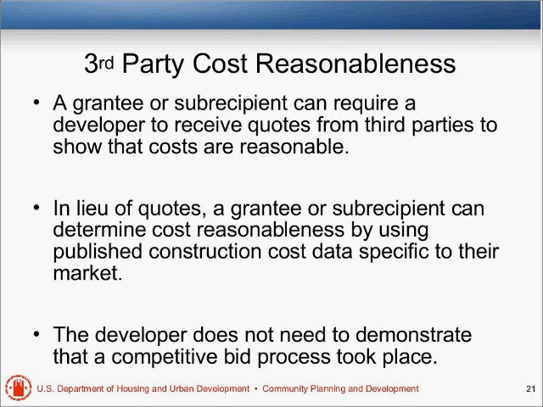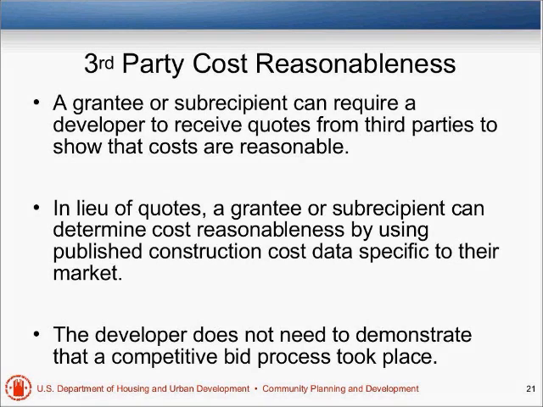So you can require a developer to receive quotes from third parties to be able to show that their costs are reasonable. And again, even though you're putting a layer on a developer that is usually associated with a subrecipient, that doesn't change their status. They're still a developer, but you're saying in order to make sure the costs are reasonable, we want you to get quotes.